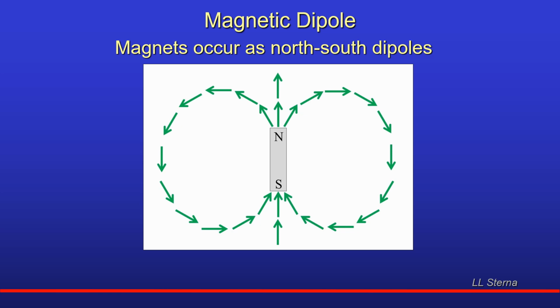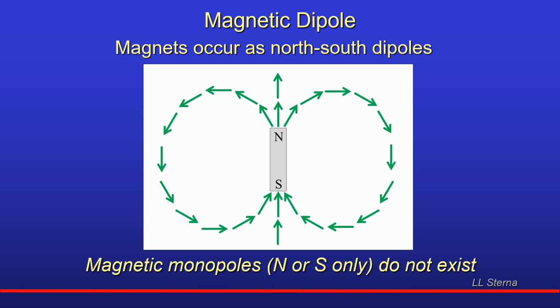Not only do they have a north and a south, but they have equal amounts, north and south. You cannot have an excess of north, you cannot have an excess of south. You only have equal amounts of north and south pole. In other words, magnetic monopoles, a pure north or a pure south, do not exist.